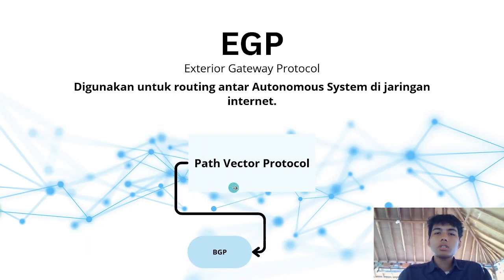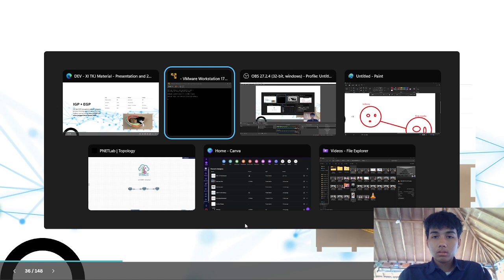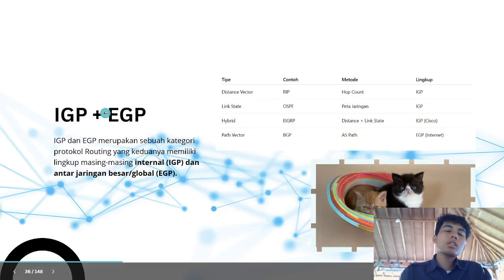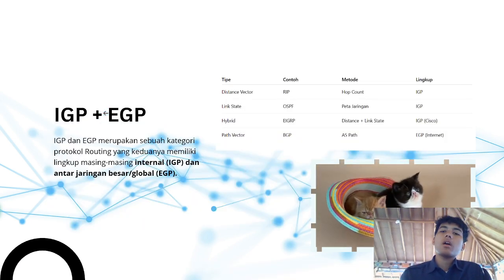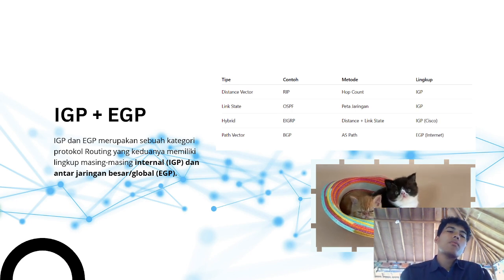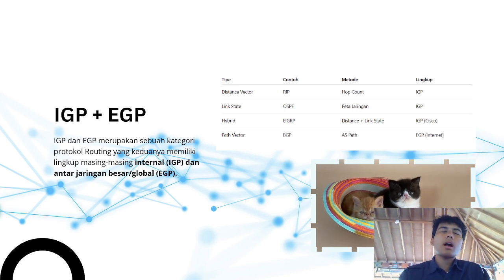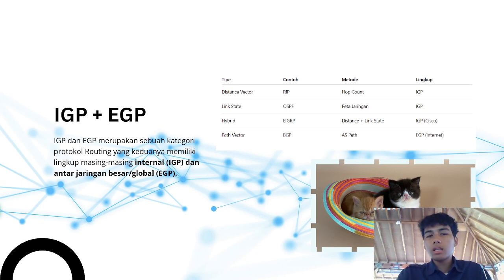And EGP uses BGP. So it's not IGP versus EGP, but IGP plus EGP. They are not opposed to each other, but combined and help each other.